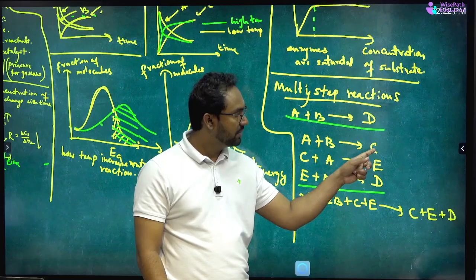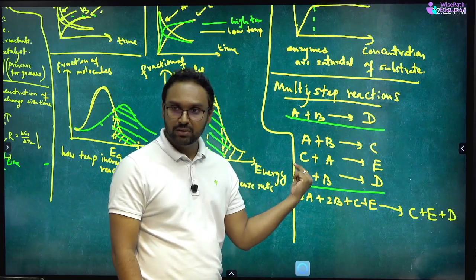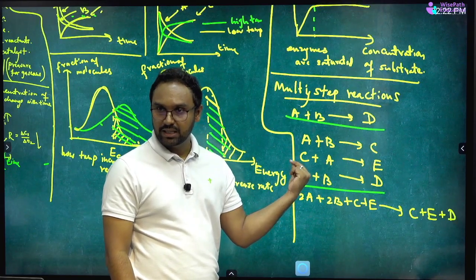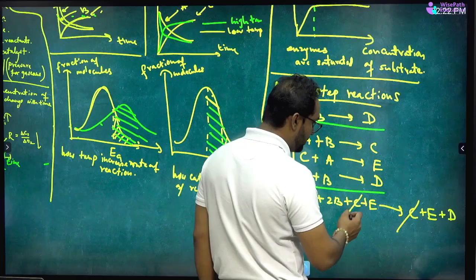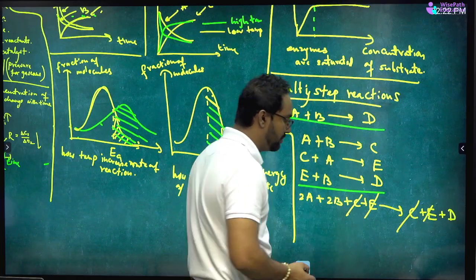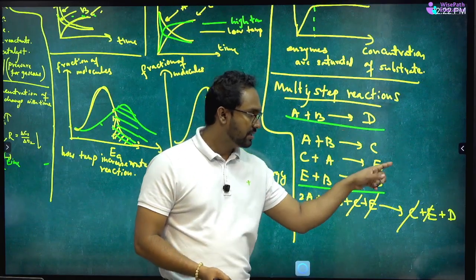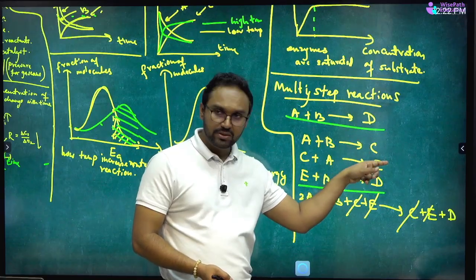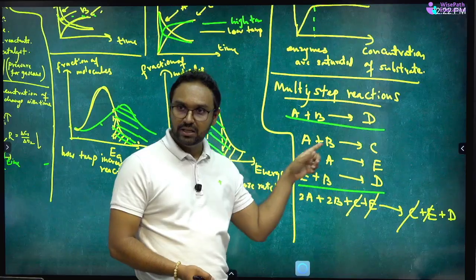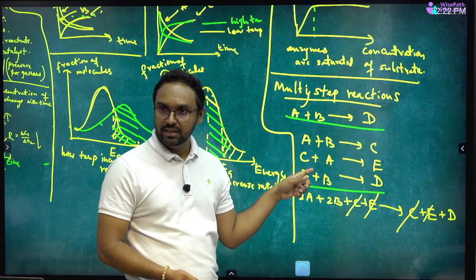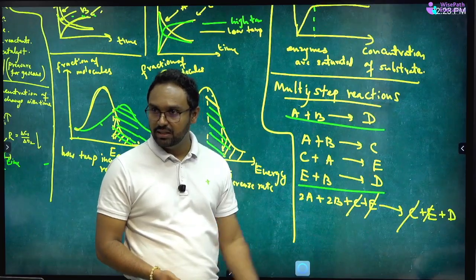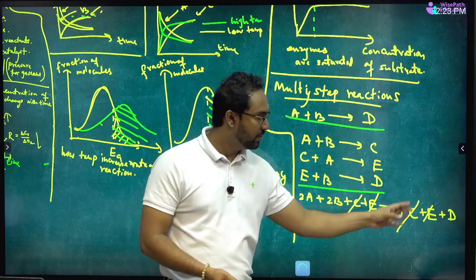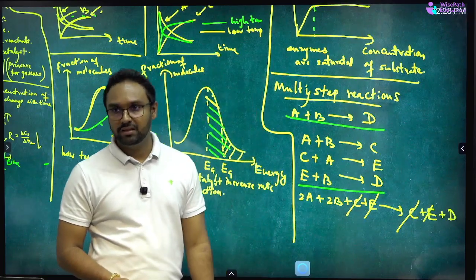Now what has happened here? The products produced have been used again to react, isn't it? So C to C and E to E cancels out, which means the products produced were used as reactants in the next reaction. They are produced in the middle and reacted in the middle, so they don't belong in the main reaction.